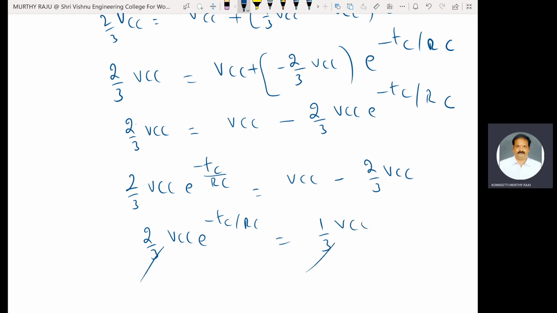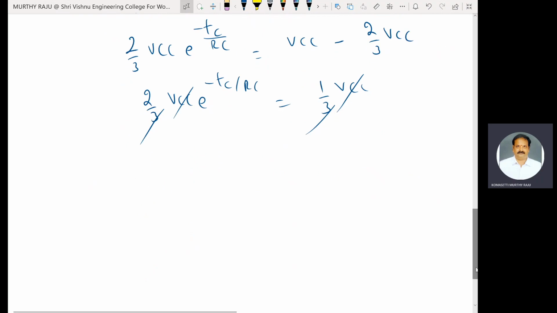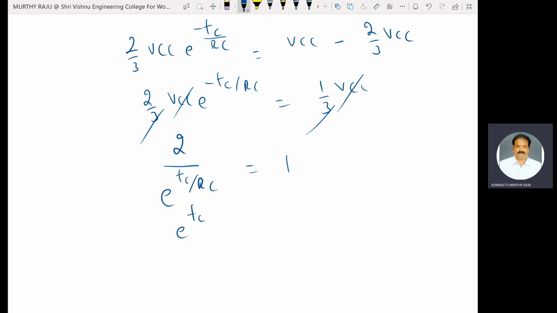This 3 cancels, VCC is cancelled. Therefore, 2 by e power TC by RC is equal to 1. Therefore, e power TC by RC is equal to 2.